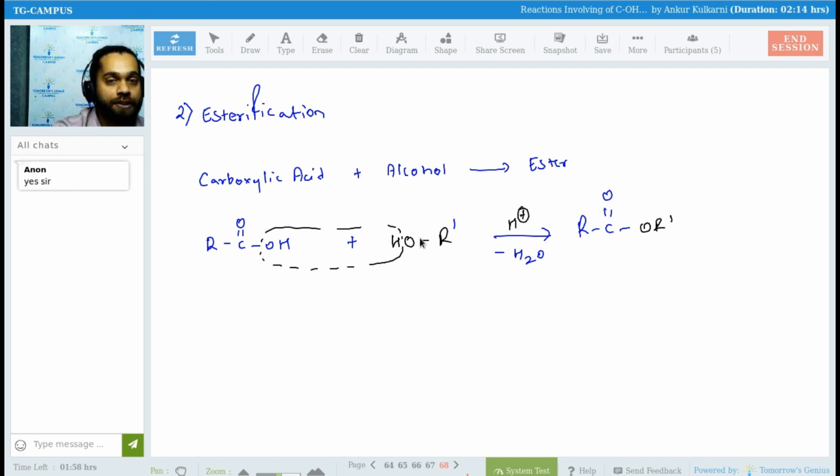So this is nothing but esterification. Come on, write it down, then we'll do the example of it.